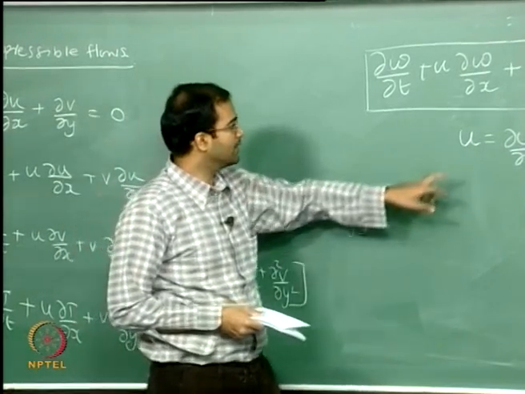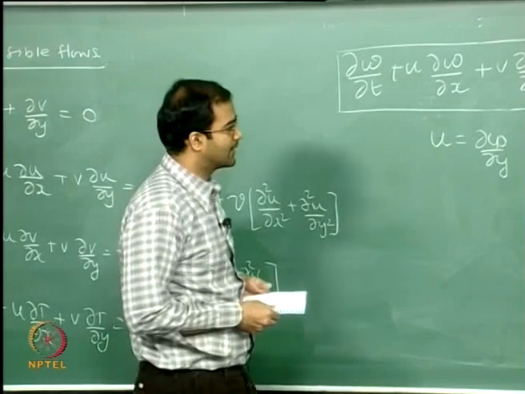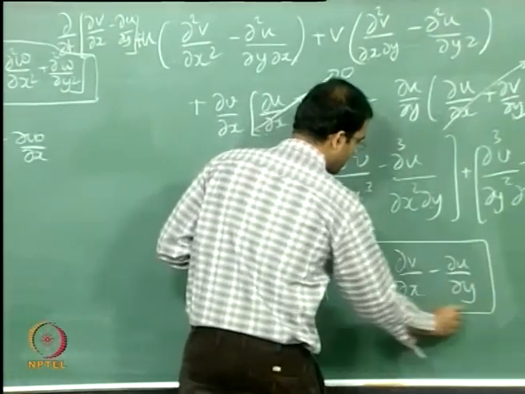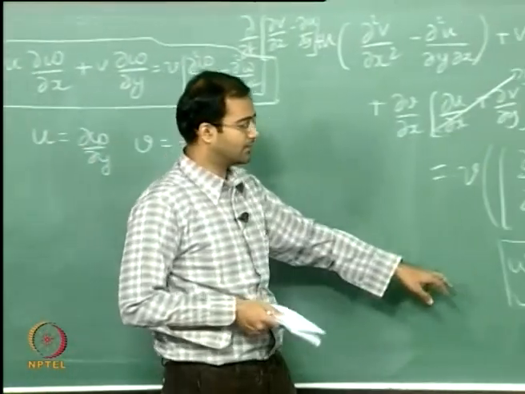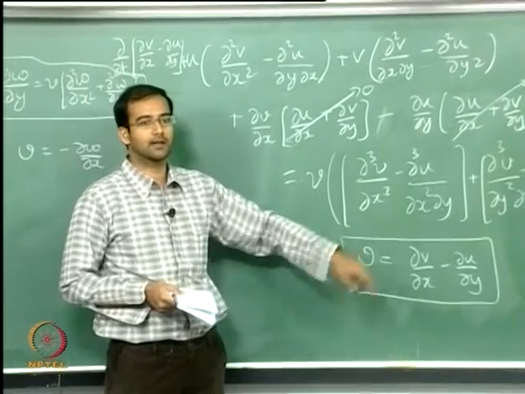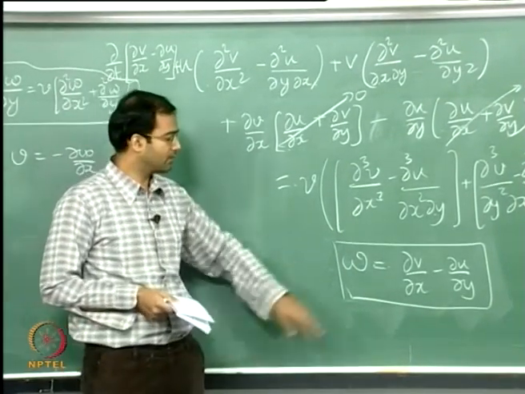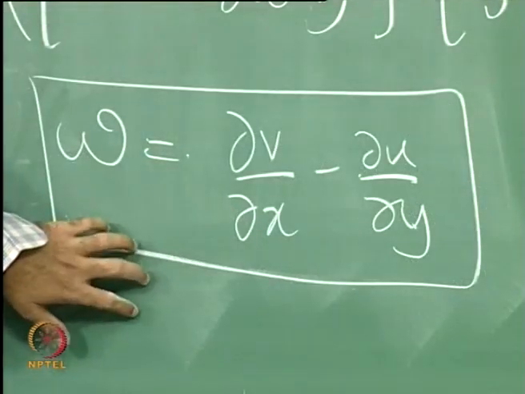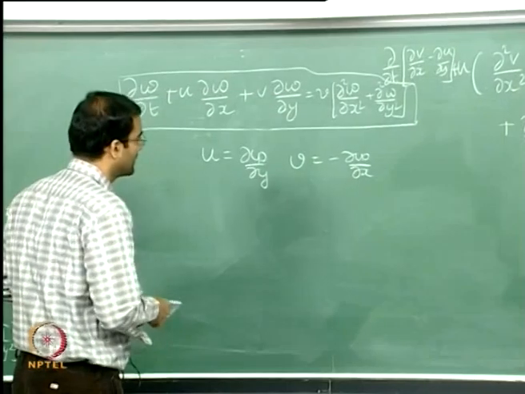So the stream function is automatically satisfying continuity. So you can plug in for u and v in terms of the stream function, and the other thing, the stream function should also satisfy this equation, because this is how the vorticity is defined, and vorticity is related to the velocity terms, the velocity derivatives. So therefore the stream function should make sure that it satisfies this particular definition of vorticity. So if you substitute for stream function into that, so what do you get?